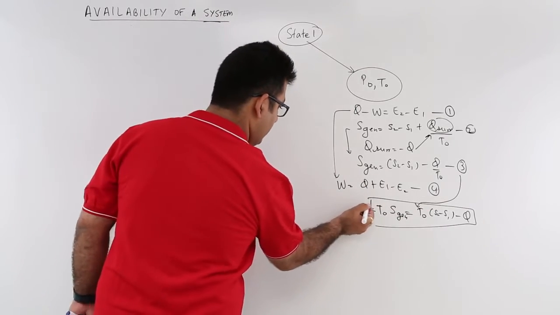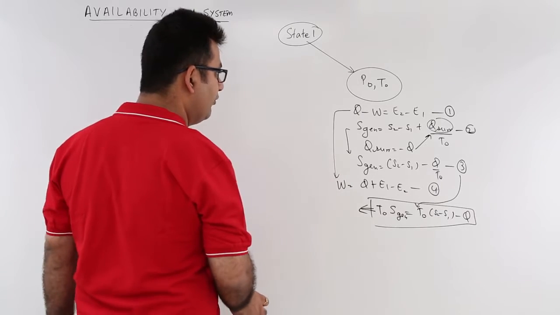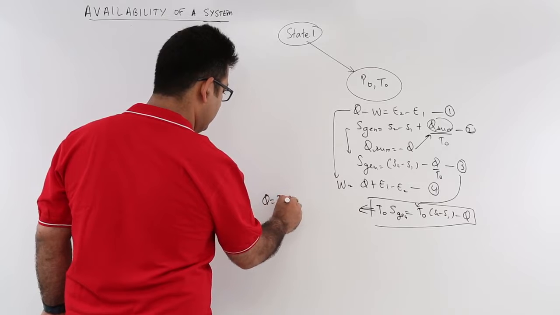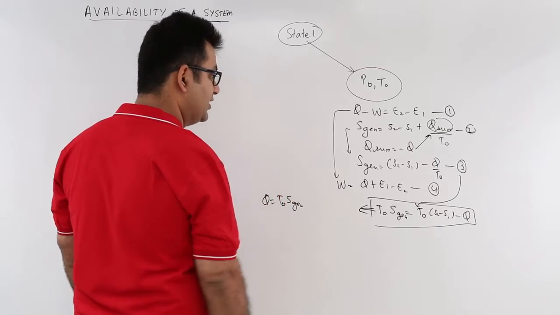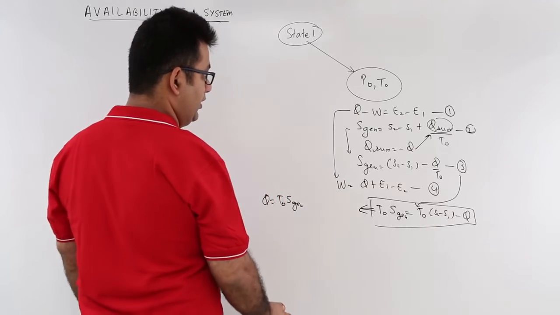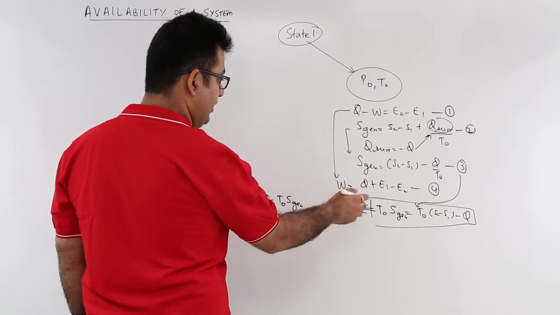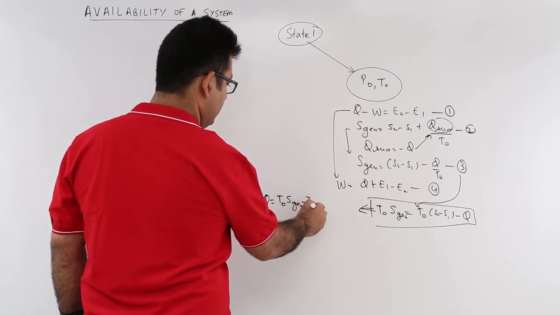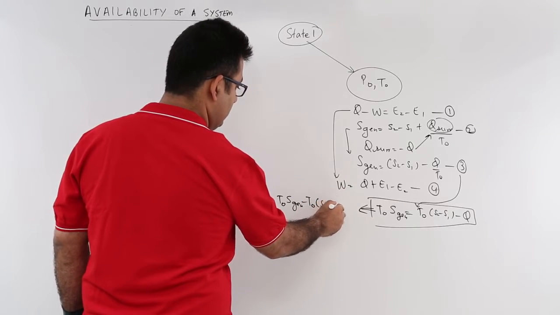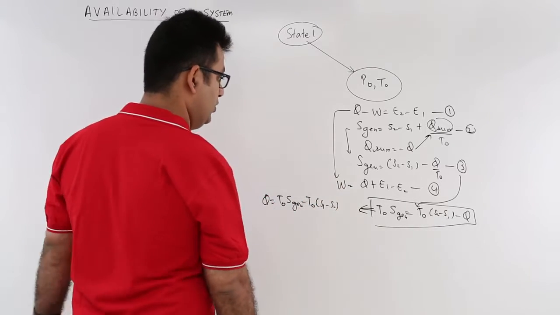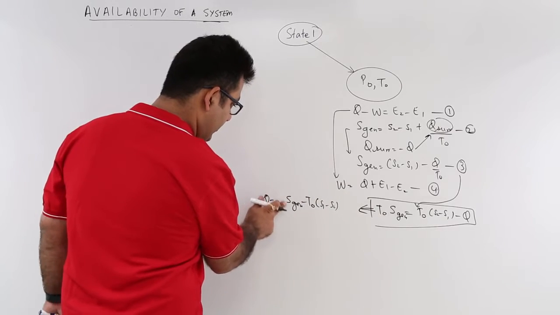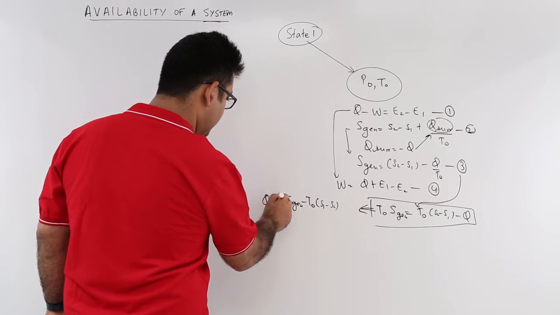The value of Q comes out to be T0 S gen minus T0 into S1 minus S2, and this would also be a minus, so this would be minus T0.